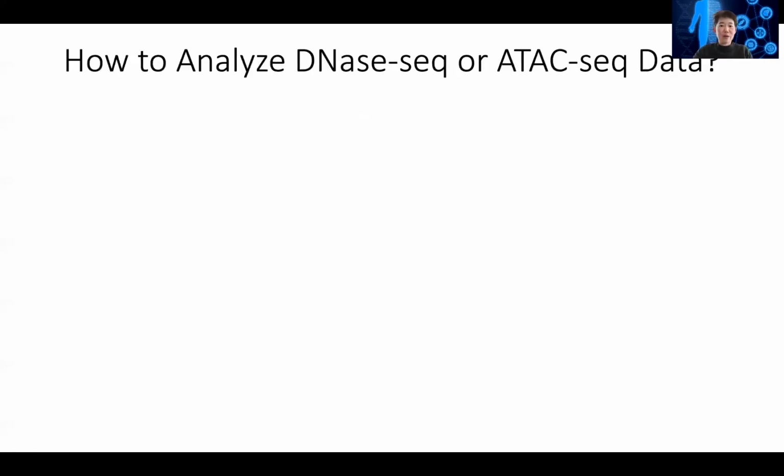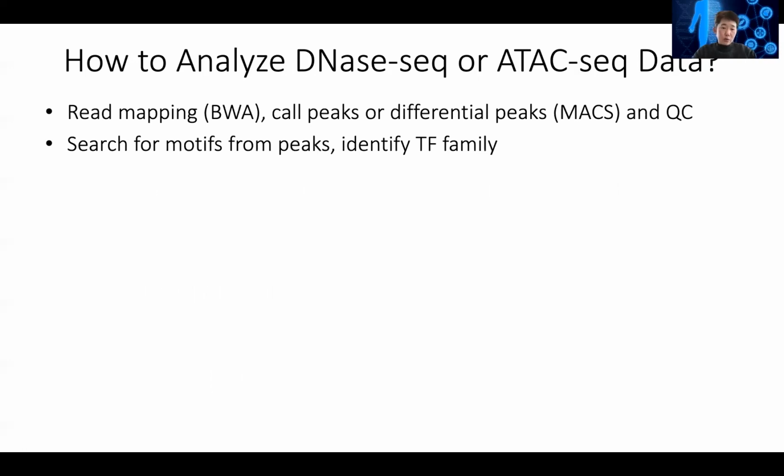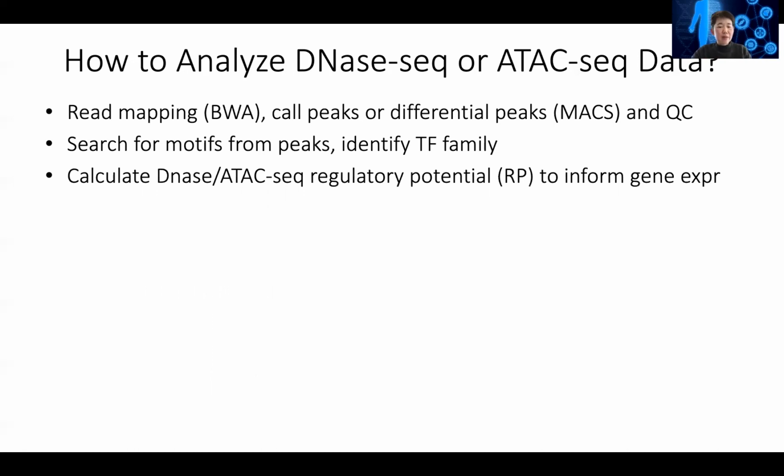So it's really popular. In terms of how to analyze this data, again, it's very similar to a histone mark ChIP-seq. You do the read mapping, you call the peaks, do the QC. You can search for motifs from the peaks, especially near the enhancer regions, if you remove all the annotated transcription start sites from the reference genome. You can identify the TF family.